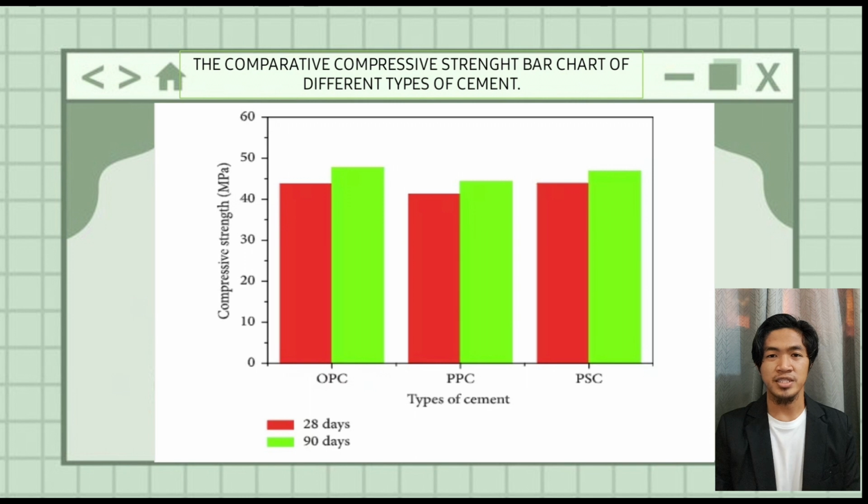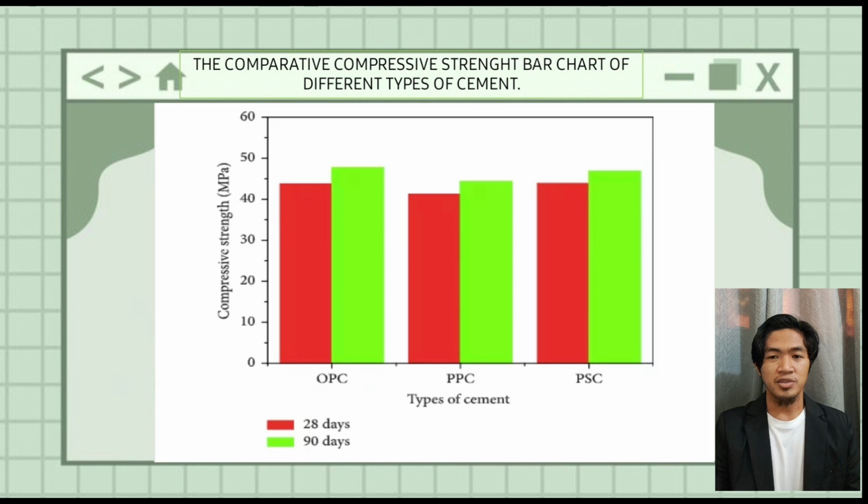So, as you can see sa bar chart, tatlo lang yung ginamit niya na type of cement. Makikita nyo na OPC, which is ordinary Portland cement, PPC, Portland pozzolana cement, and PSC, Portland slag cement.